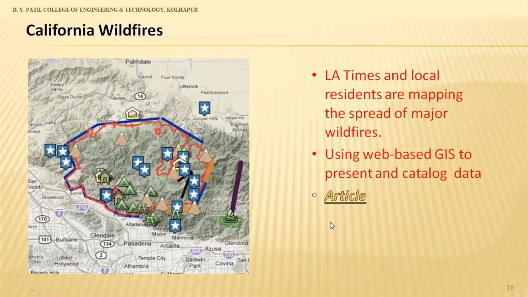On this map, you can see each and every attribute and the area under that particular wildfire. These are the different signals or landmarks given to the particular area. By using this, we can find out the details required for the GIS softwares.